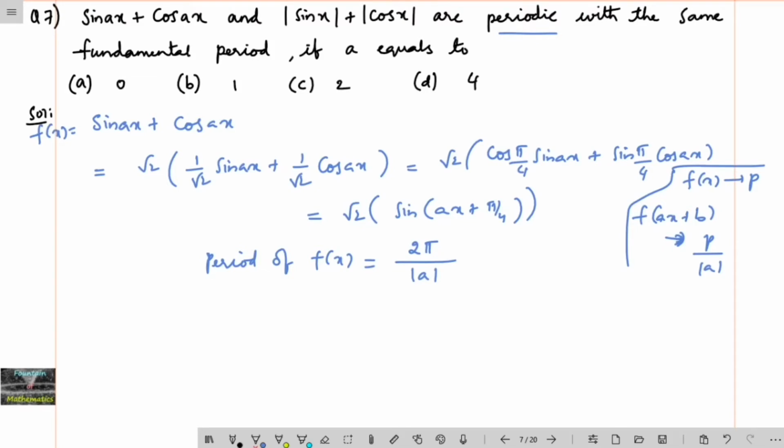Keep that aside, and coming to the second one, let g of x be another function, g of x is equal to mod sin x plus mod cos x.